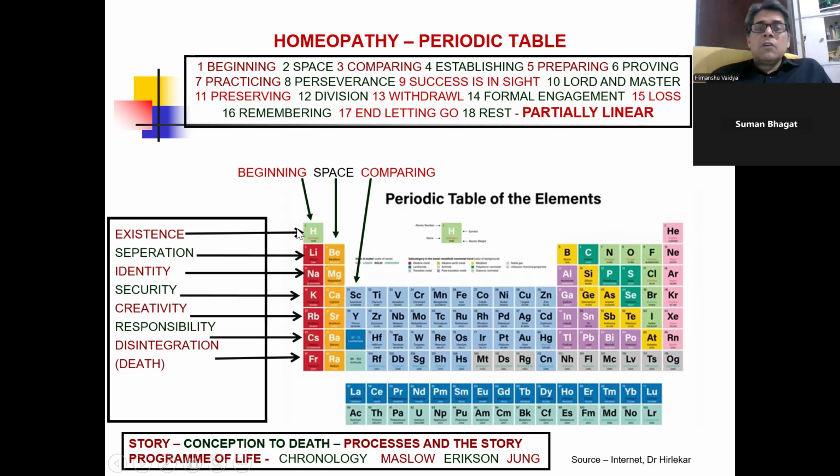The more severe the pathology is towards the top, the more the split will be open and the earlier the split will become open. Earlier the loss or the attack phenomena responsible for the split would have taken place. And less would be the good experiences before the split. So if we look at hydrogen, helium, lithium, beryllium, till lithium, the loss or the attack would have happened very early.